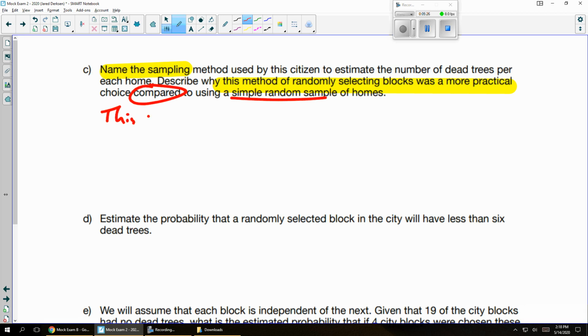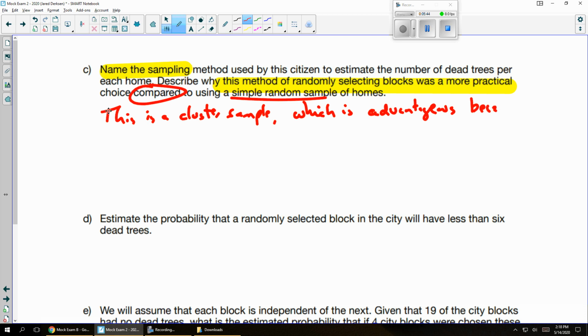This is a cluster sample, which is advantageous. I almost wrote nice, but advantageous is such a better word.